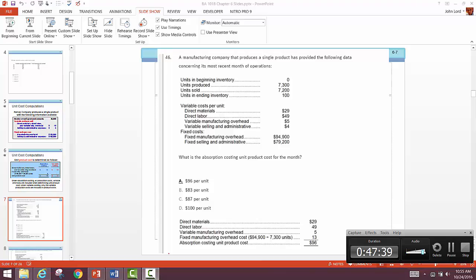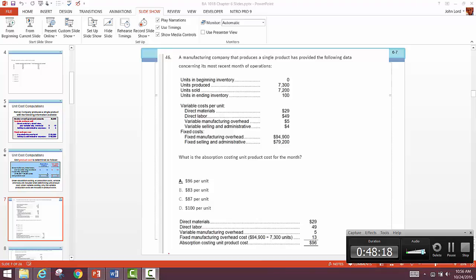We're going to get what? 96 times 7,300, the units produced, 700,800. We're going to debit our work in progress 700,800. We're just going to assume we finished all those, so we debit the finished goods for 700,800.